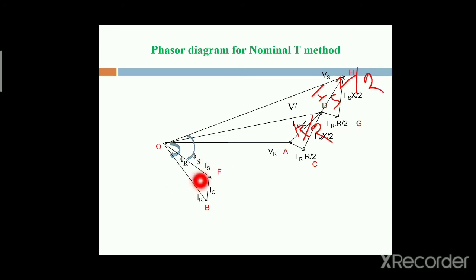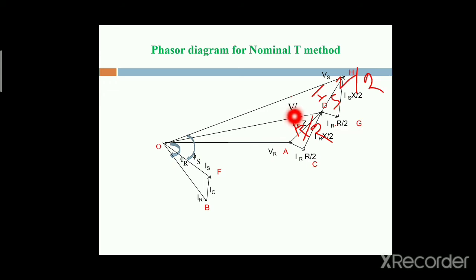Okay, by projecting this IR, we draw the IR R by 2. At an angle of 90 degrees we draw the IR X by 2. By the algebraic sum of these, we obtain the IR Z by 2. After that, by adding this drop to the VR, we obtain the V dash.